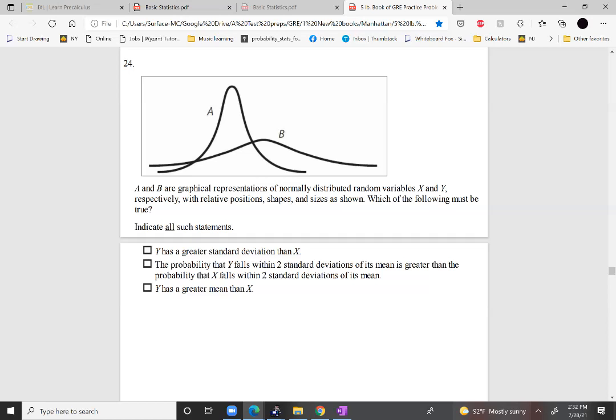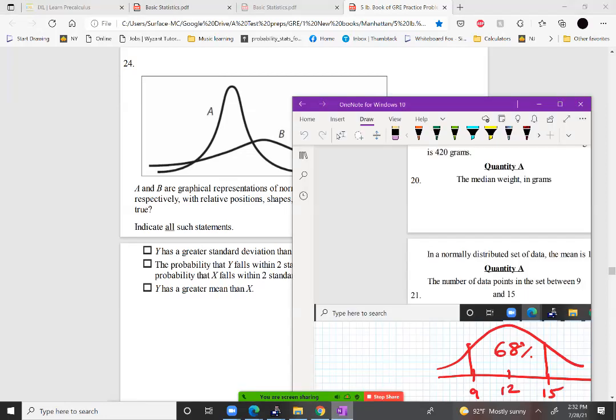If you look at B, we don't really know about B for real. Okay, we cannot really tell. Let me draw the picture and show you.